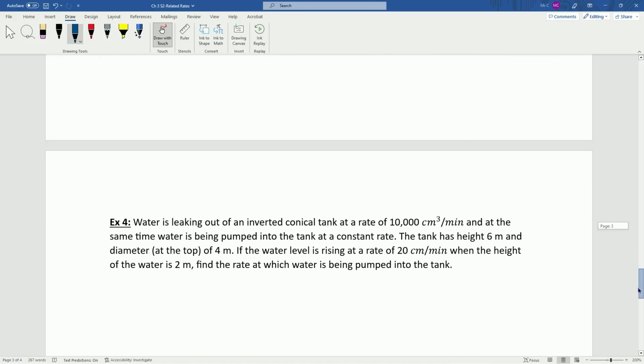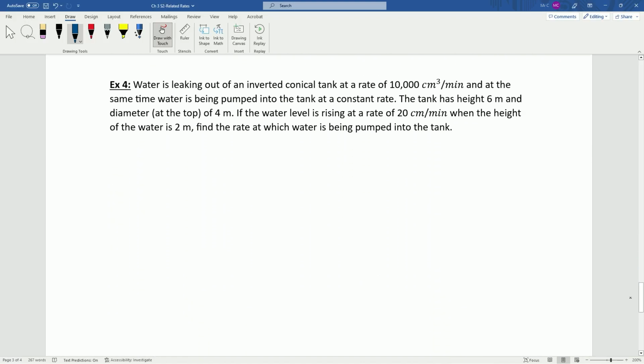Now, so far, I think the examples we've done have been relatively easy. This one's going to be quite a bit trickier. So for the last couple, I really just read them one time and kind of tackled it. So we're going to read this one twice for sure. Water is leaking out of an inverted conical tank at a rate of 10,000 centimeters cubed per minute, and at the same time, water is being pumped into the tank at a constant rate.